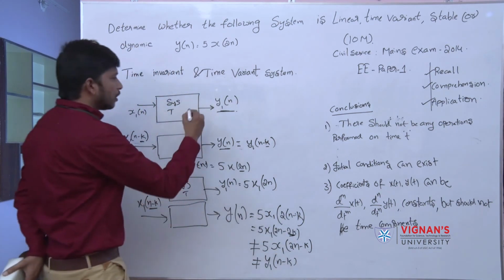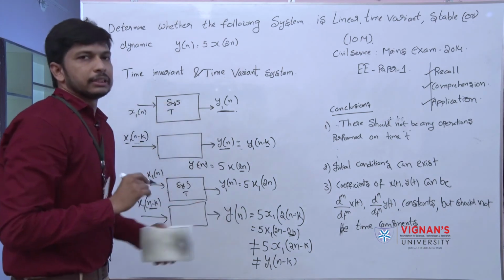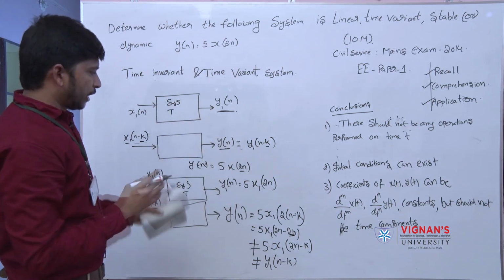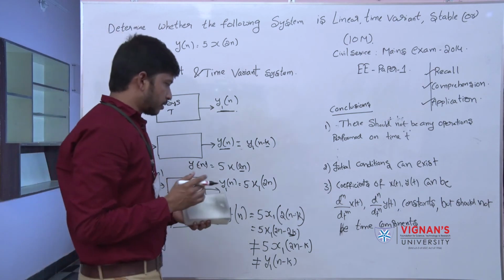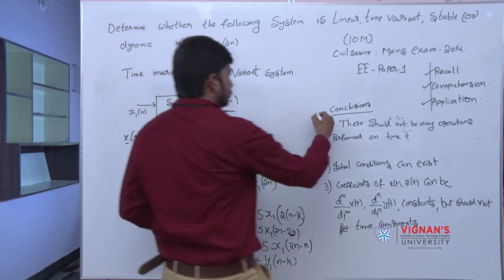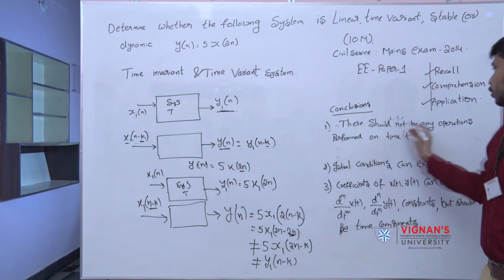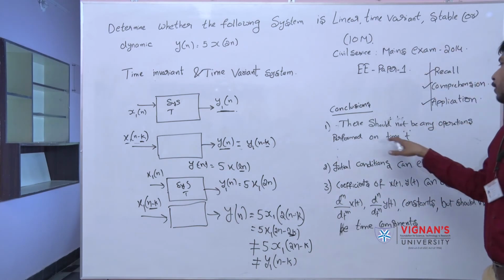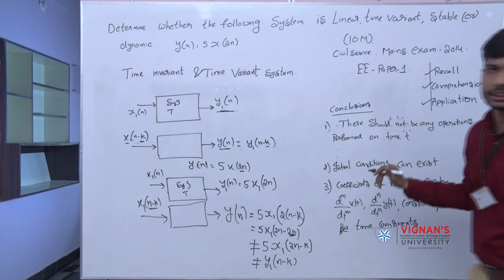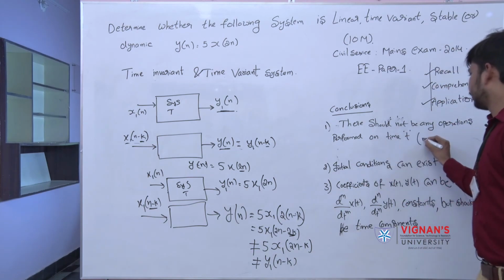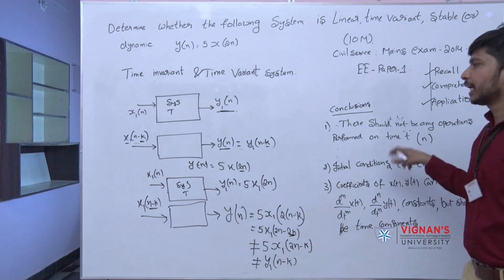Now, what are the observations? From this we can conclude some observations. The conclusion is, there should not be any operations performed on time t if it is a continuous system. If it is discrete, there should not be any operations performed on n.